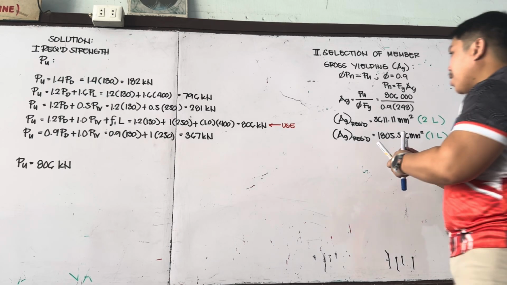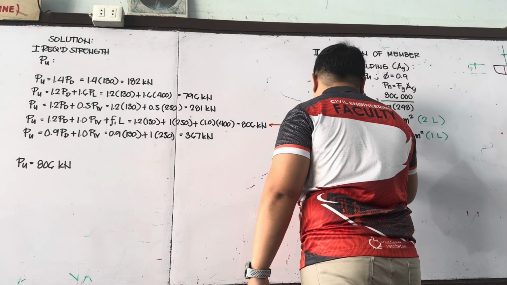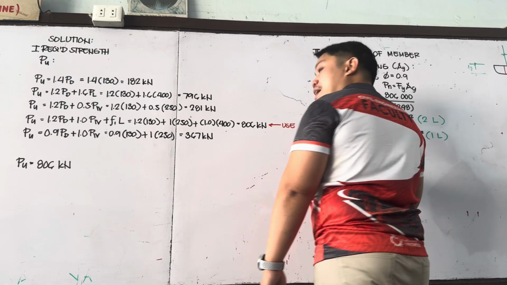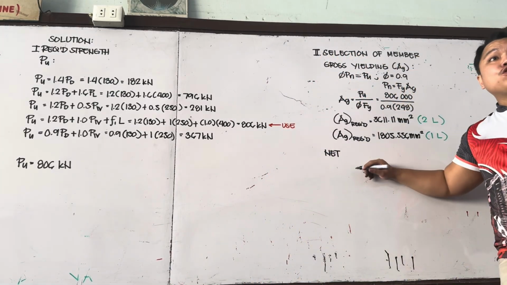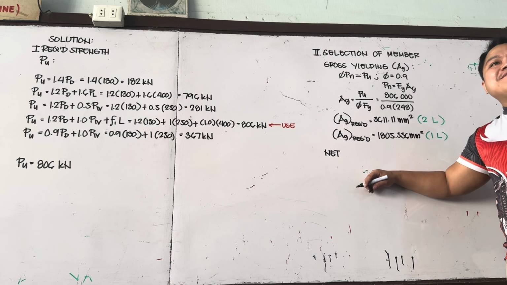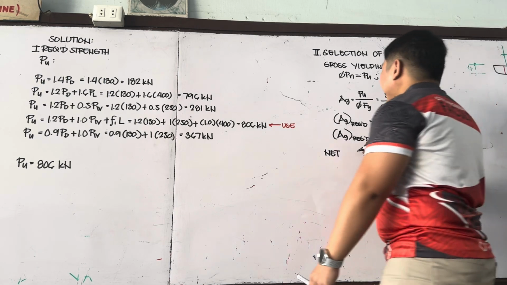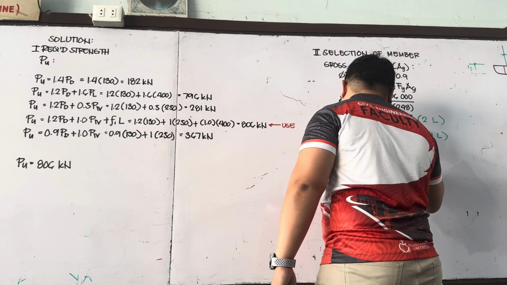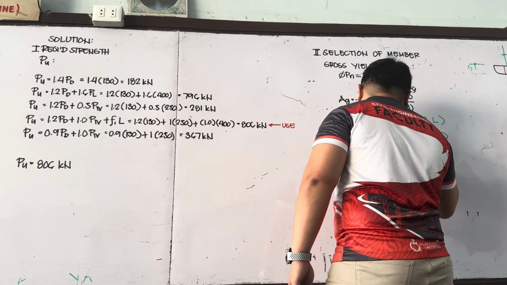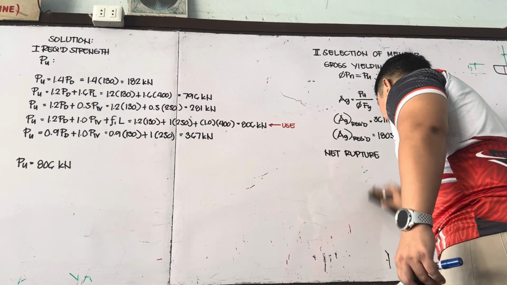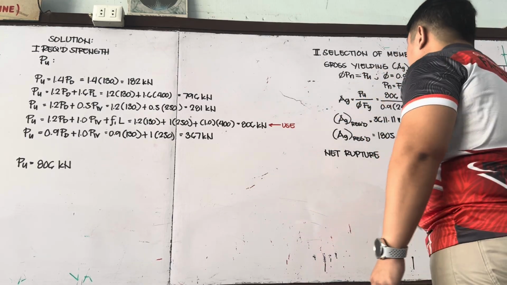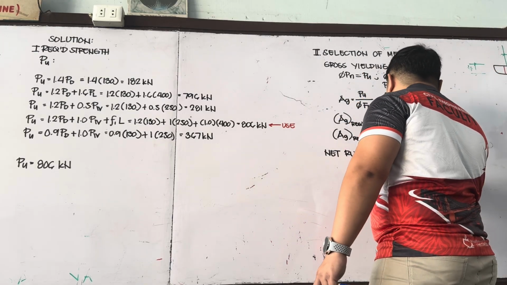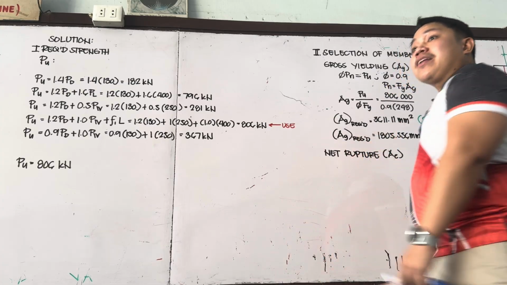Okay, next, required area for net rupture. Okay, so for our net rupture, we can now solve for the effective net area.